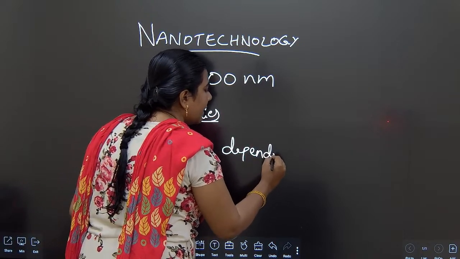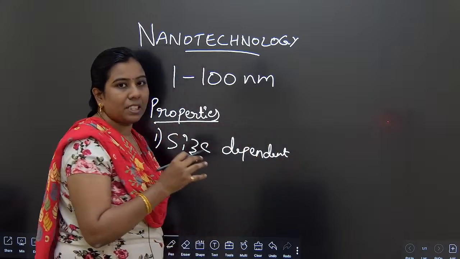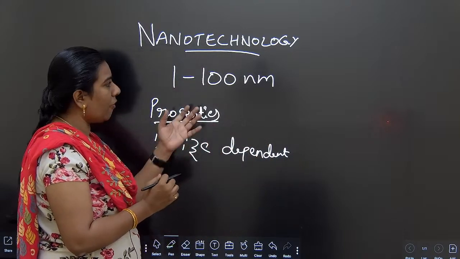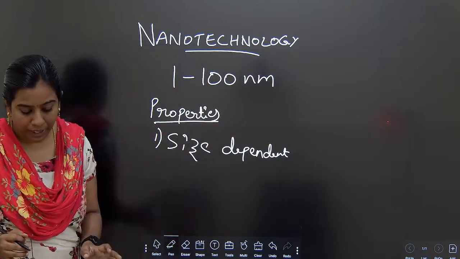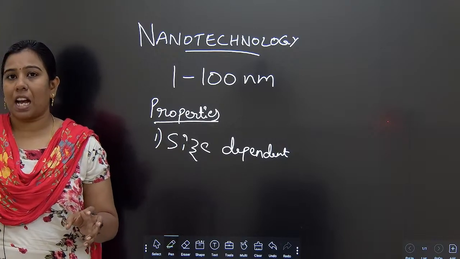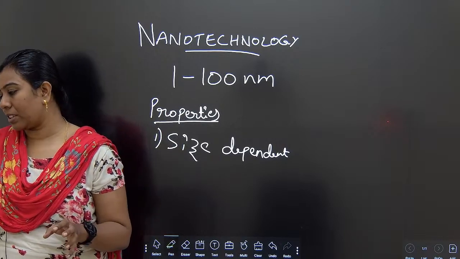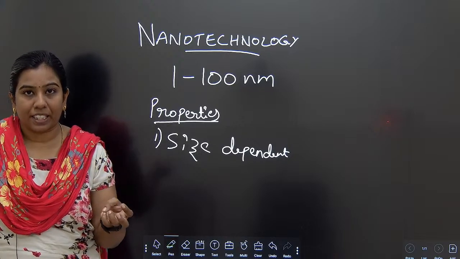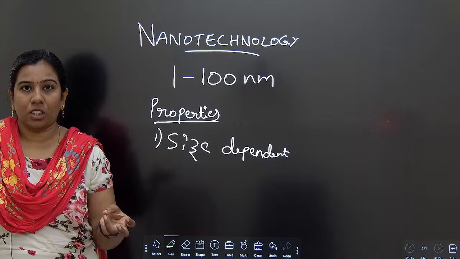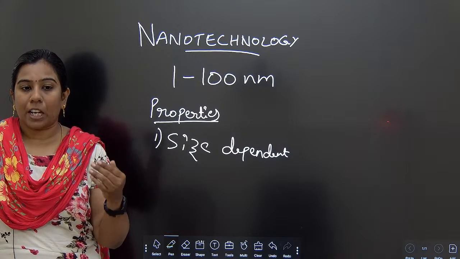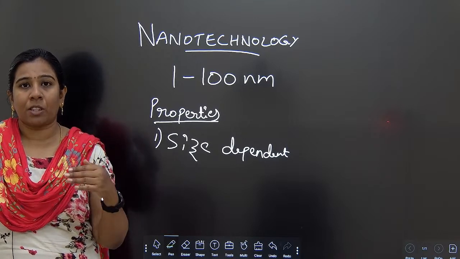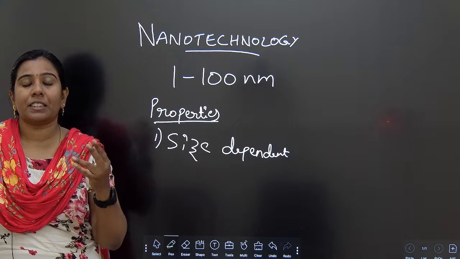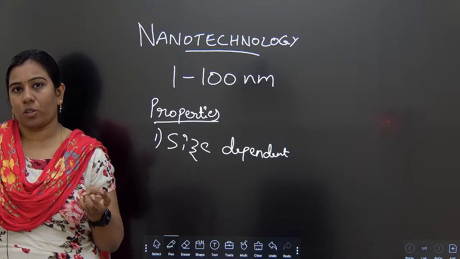It should have a size in the range of 1 to 100 nanometers only. That's why nanoparticles are size dependent particles. They also exhibit electromagnetic nature and optical nature. So the nanoparticles have the properties of electromagnetism and optical nature also.